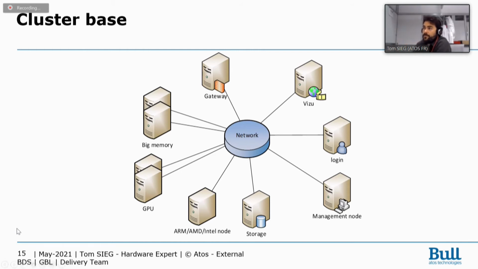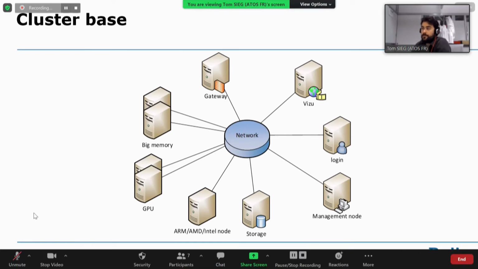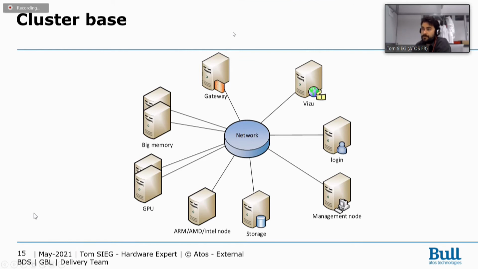From outside, you connect with a VPN, virtual private network, to a specific network in the company, to access the gateway server. From the gateway server, you can access the login node to push jobs if you have user access, or if you are an administrator, you can connect from the gateway to the management node to administrate the cluster.